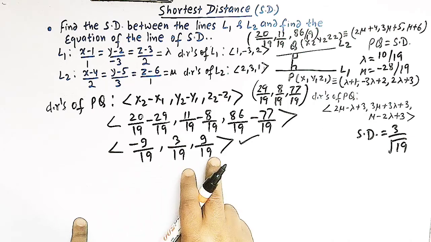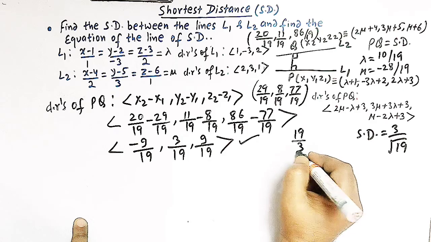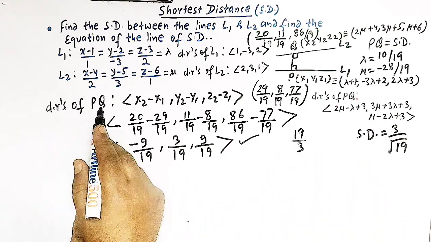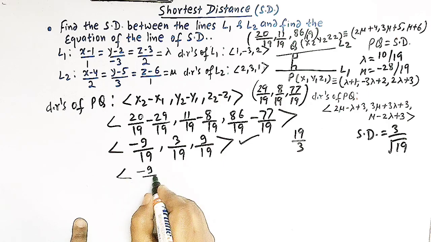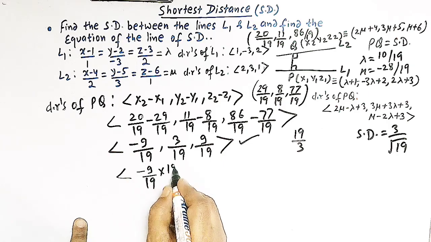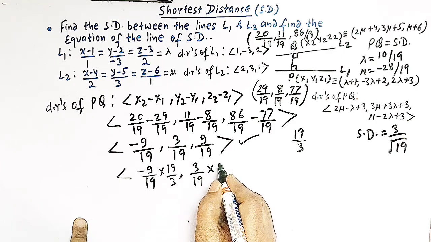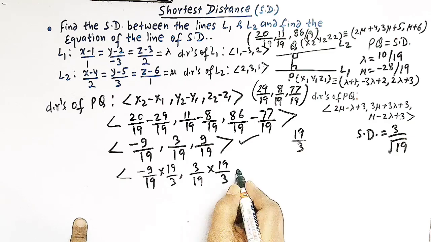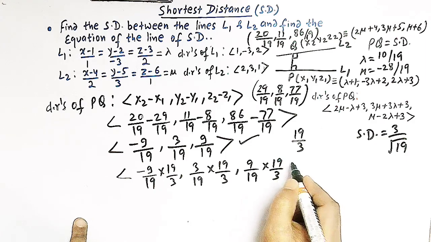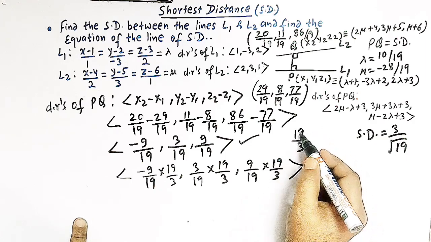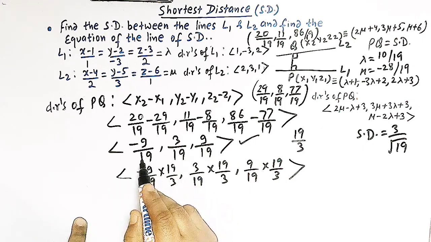So now if we multiply these three quantities by 19 over 3, then the direction ratios of PQ can also be written as minus 9 over 19 times 19 over 3, then 3 over 19 times 19 over 3, and 9 over 19 times 19 over 3, because this factor 19 over 3 appears in all the three numbers.